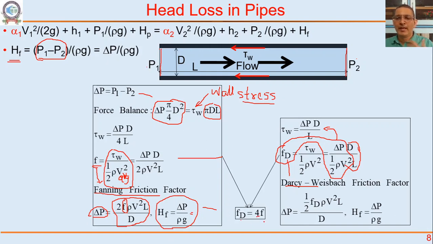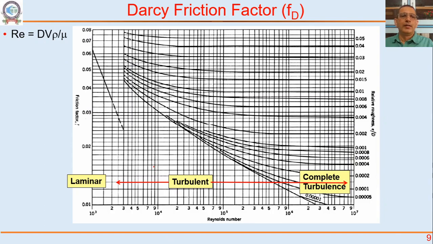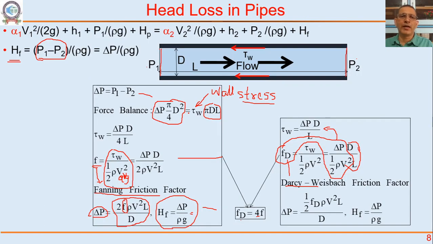Okay. Let's just see a little bit more into this. Turns out that people measured this Darcy friction factor or fanning friction factor. How would I measure? I would measure the pressure difference required for making a fluid flow, P1 minus P2, and you're going to do an experiment.